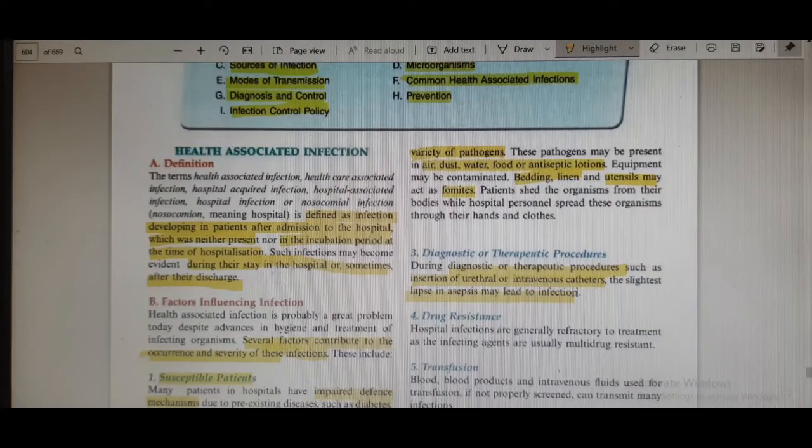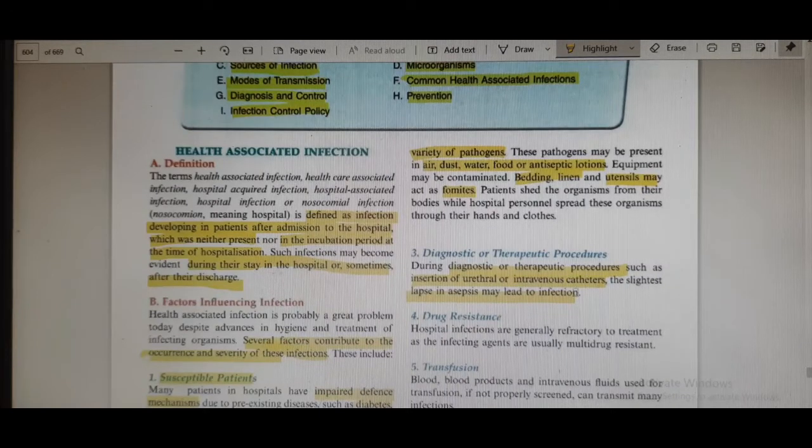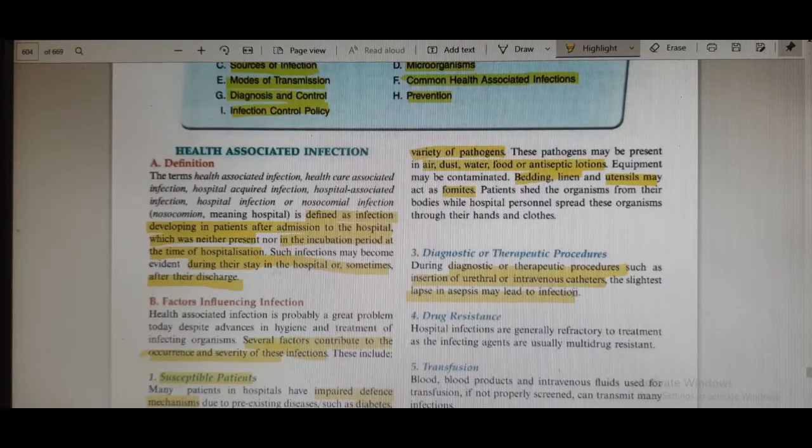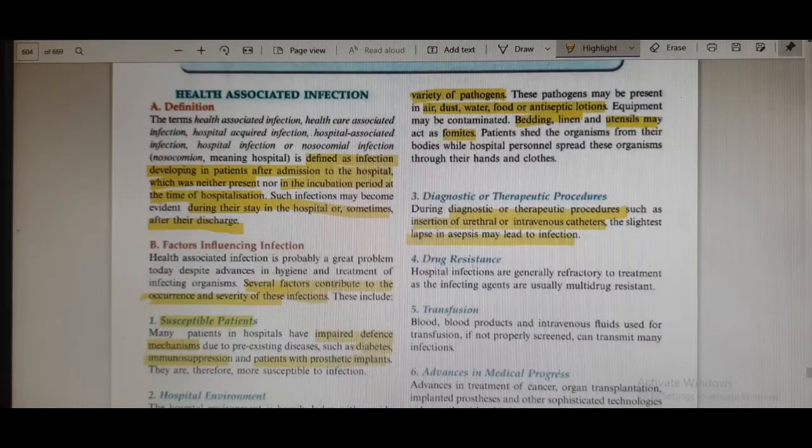Otherwise, there might be sepsis. Sepsis, in the sense, the bacterial attack or the pathogen attack on the patient's human body. So that is how we have to avoid the sepsis of the urethral part or the intravenous part.